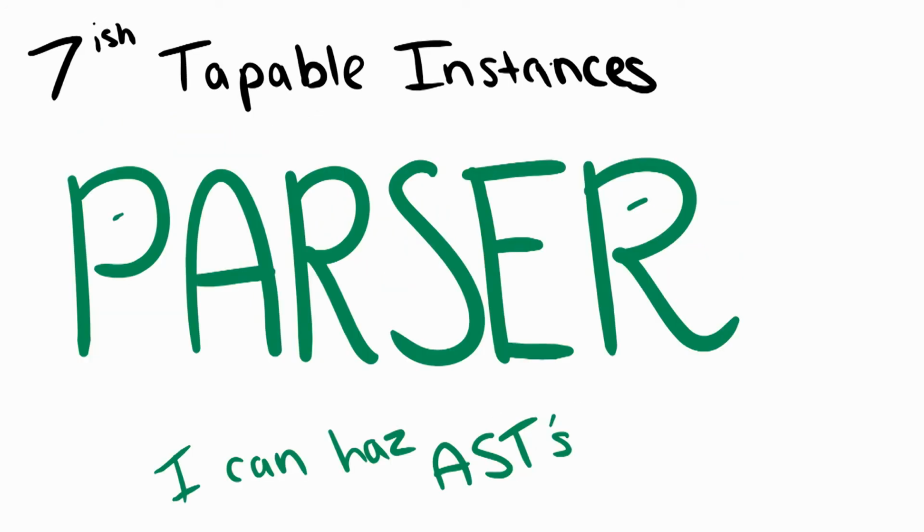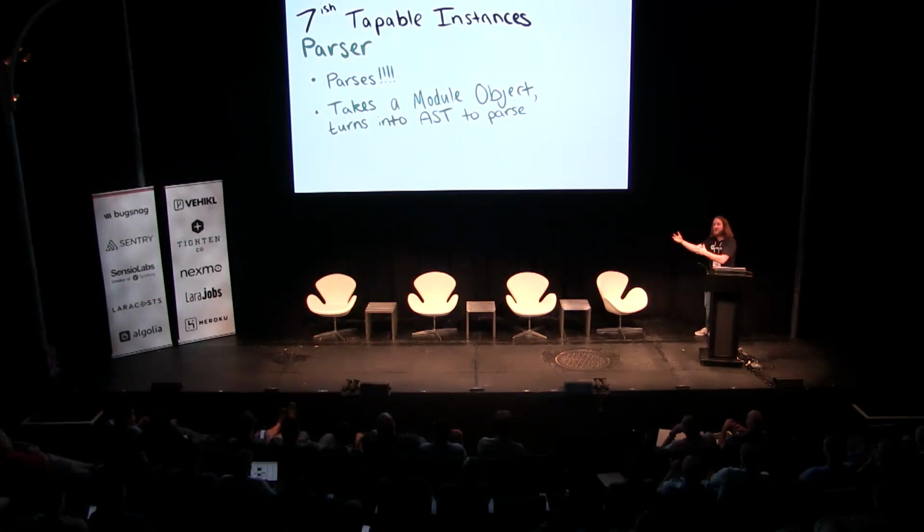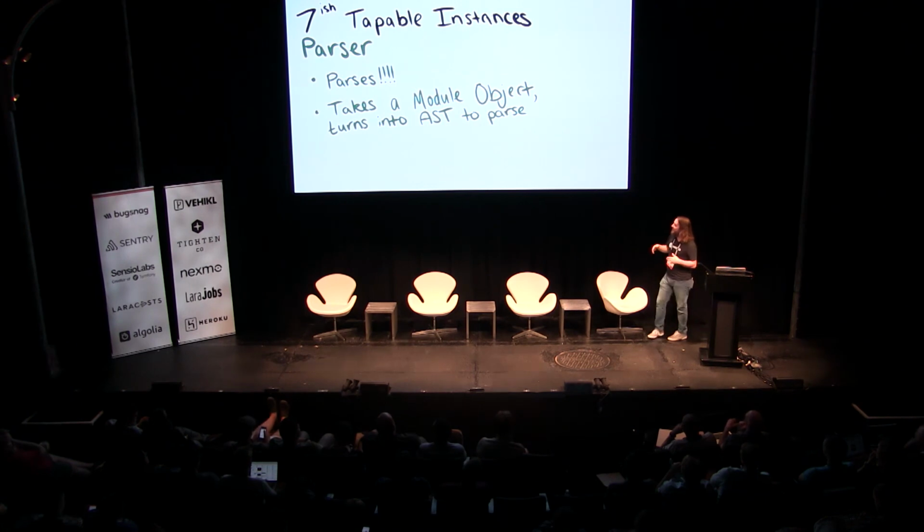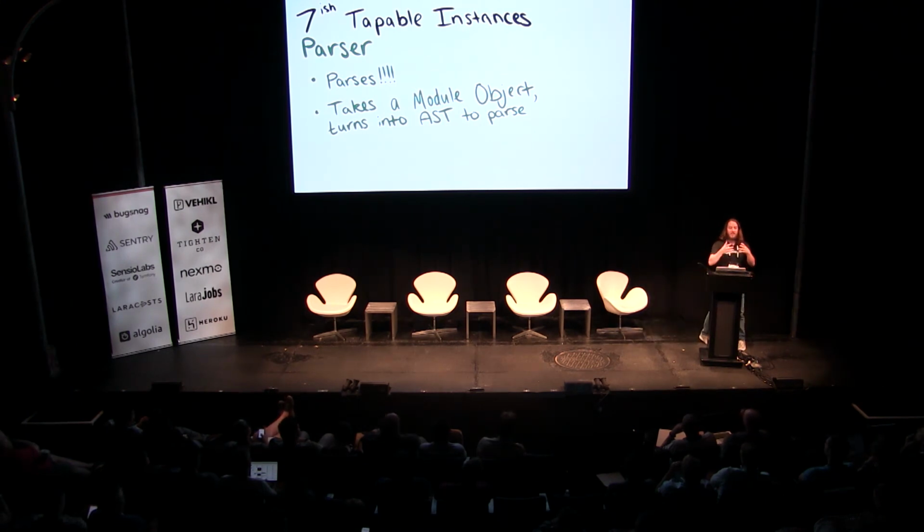So pretty. And then we have the parser. So has anybody ever written a parser before or worked with a parser? OK, same compiler people over there. So a parser parses a file. So if you don't know what that means, it takes a module source or a source string, and it creates this tree out of it.